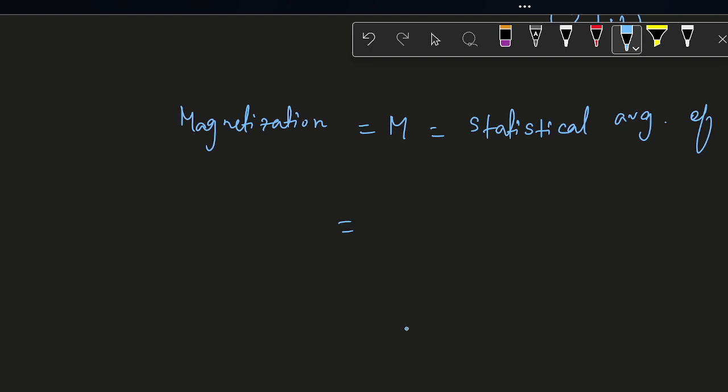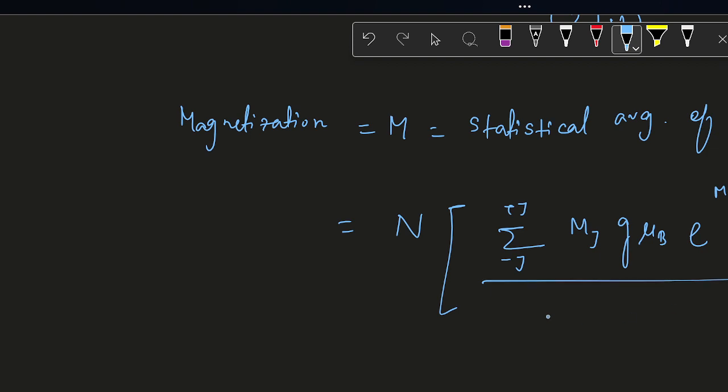First of all let me write down the equation. This is M equal to N sum over mj from minus j to plus j, then mj, g, this is the g factor you know that comes often in magnetism. Then mu B is your Bohr magneton, then e to the power of mj g mu B B, B is your applied magnetic field, divided by k, the Boltzmann constant, times T, temperature, divided by again the summation from minus j to plus j, then exponential of the same factor.